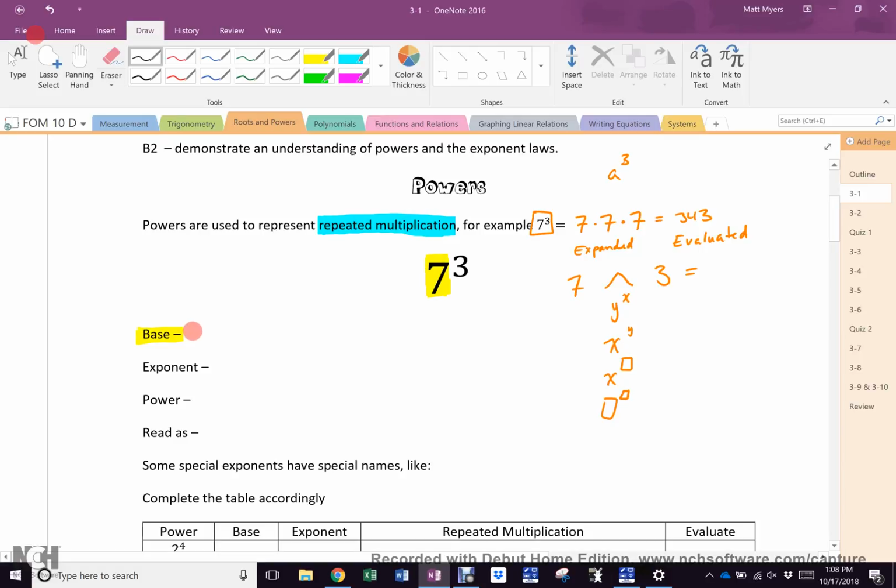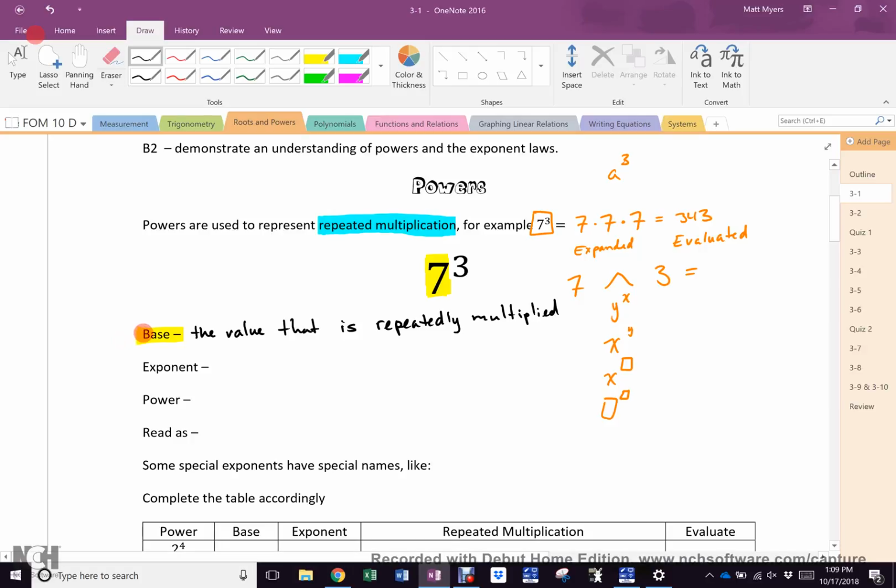Excellent. Certainly. I don't want to say number because it might not be a number. The value that is repeatedly multiplied. Right? 7, it's the base, and it was 7 times 7 times 7. Yeah? Everyone is good? Excellent.